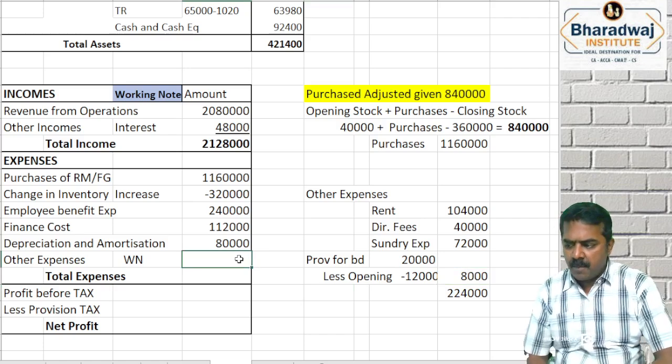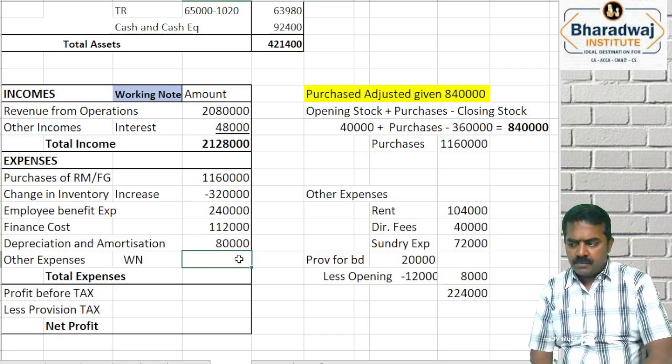Is anything else missing? Sir, advance tax paid.